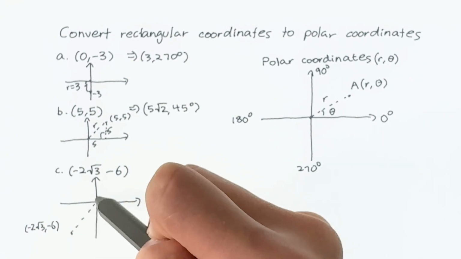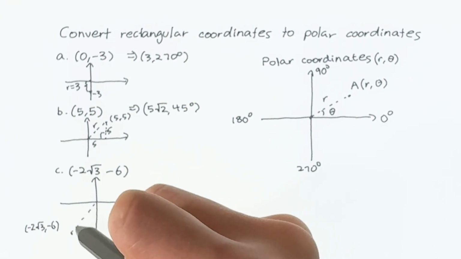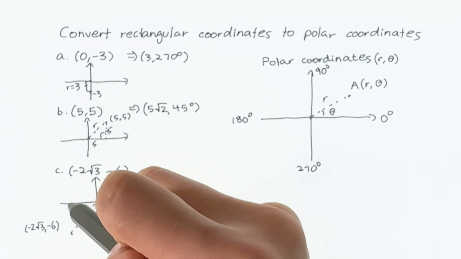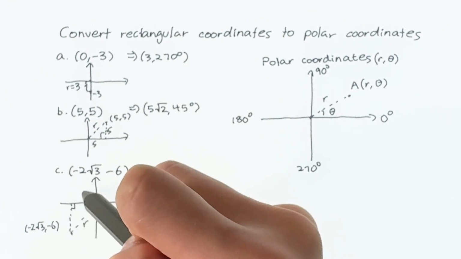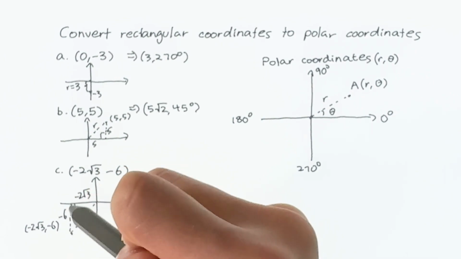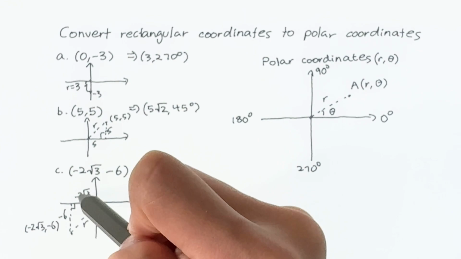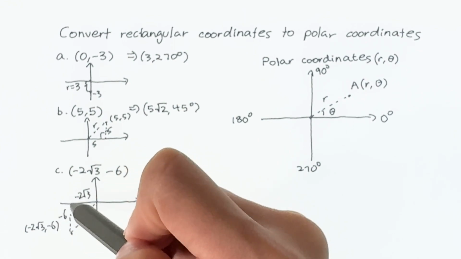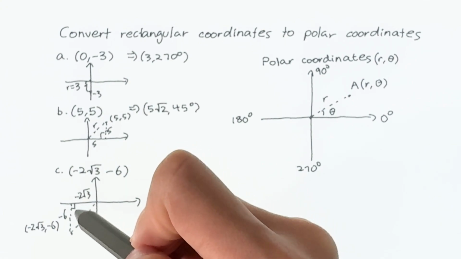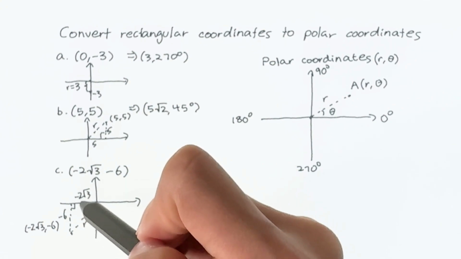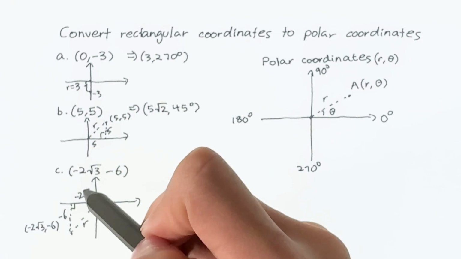So, connecting this point to the origin, this equals r, and then draw a perpendicular line and construct the right triangle. So this is -2√3 and -6. Notice that these two legs in the right triangle are in the ratio of 1 to √3. This means that this is a 30-60-90 right triangle because it satisfies the ratios of the side lengths.